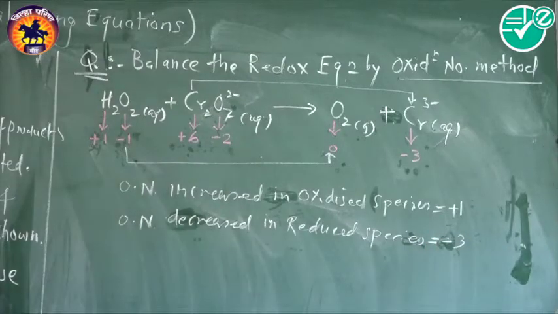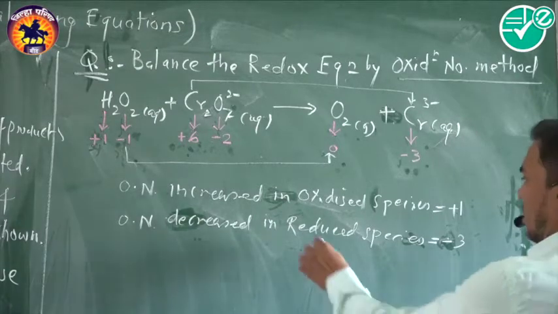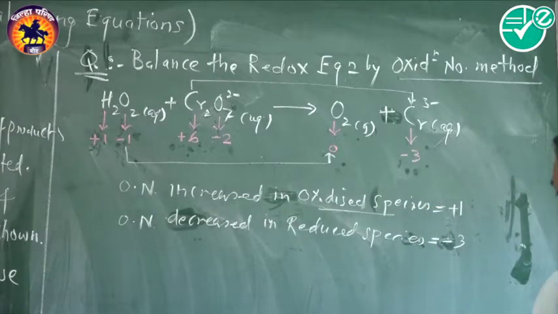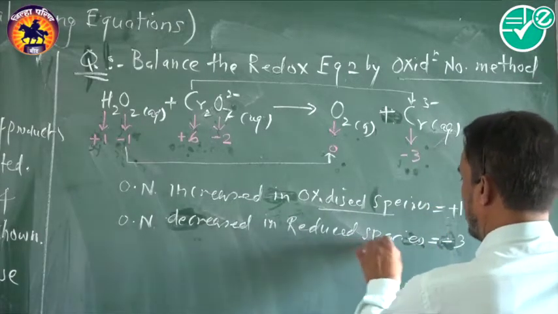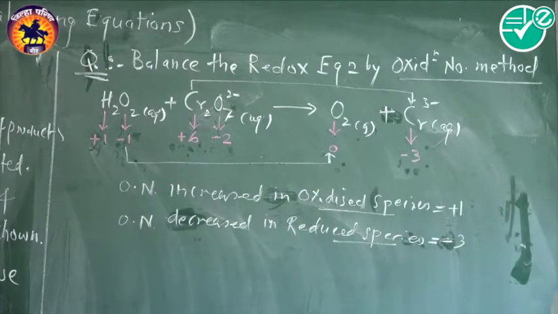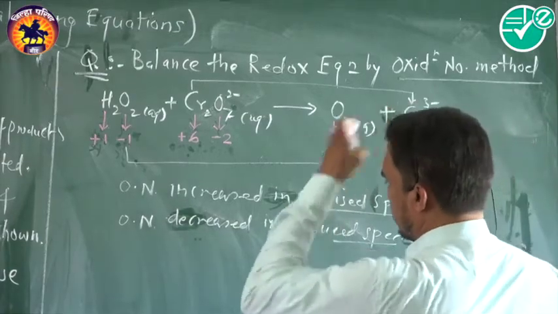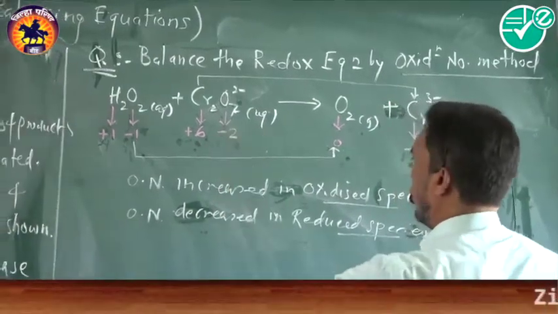So we look at the net increase in the oxidized species, +1, and the net decrease in the reduced species, 3. They should be the same, so the net increase must be multiplied by 3. Then it will be equal.